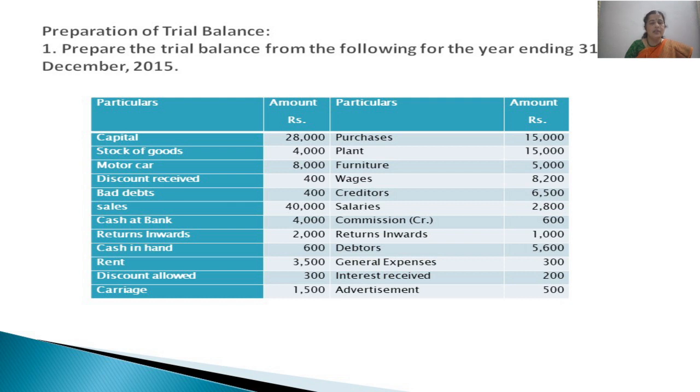As we learnt in the previous session, all the journal entries will be posted to the concerned ledger accounts initially. Then all the accounts will be balanced, that is balancing of ledger accounts, and those balances are being taken out here in this form.